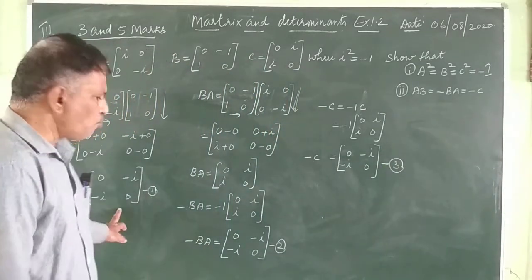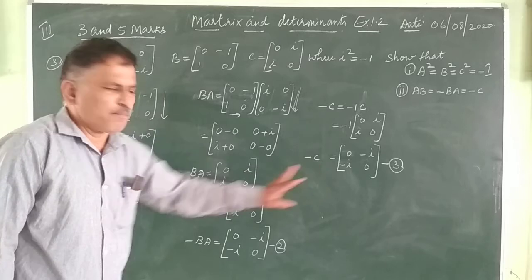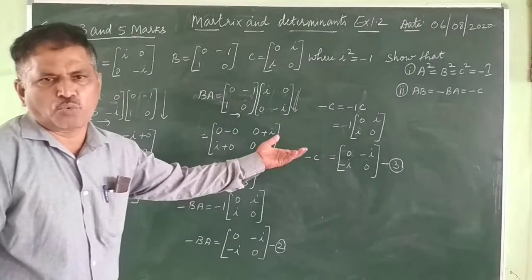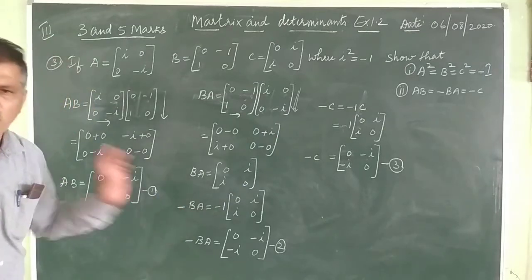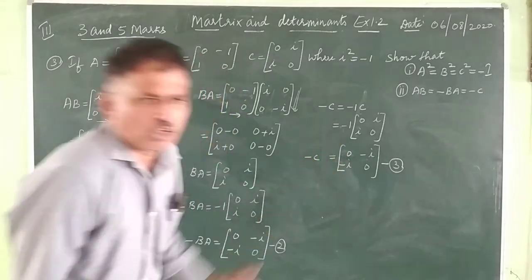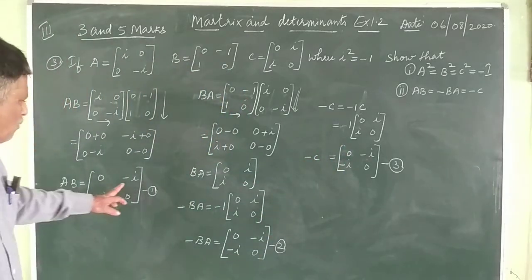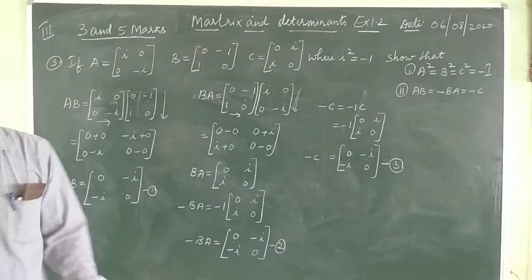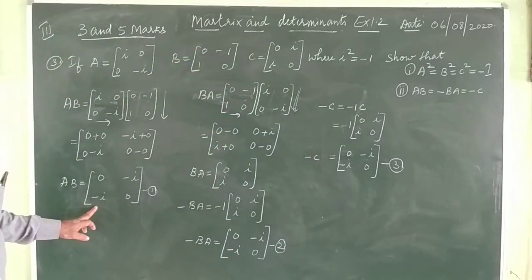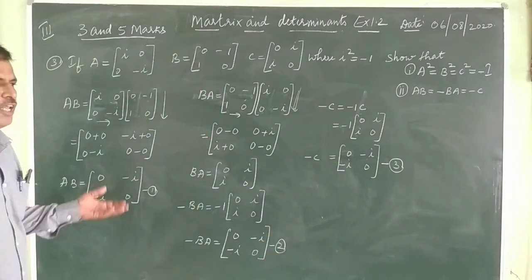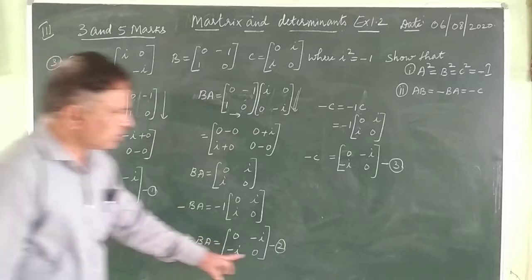So when comparing equation 1, equation 2, equation 3, or matrix 1, 2 and 3, see, all the corresponding elements are same. Here first element is 0, first element is 0, here also first element is 0. Next, minus I, minus I, minus I, that is the second element of the first row. And first element of the second row is minus I, minus I, minus I. Second element of the second row, 0, 0, 0.